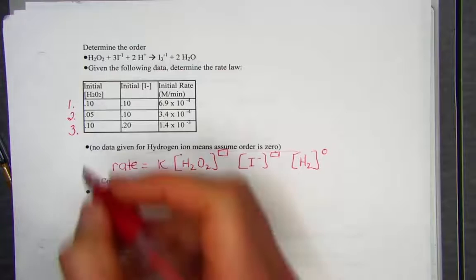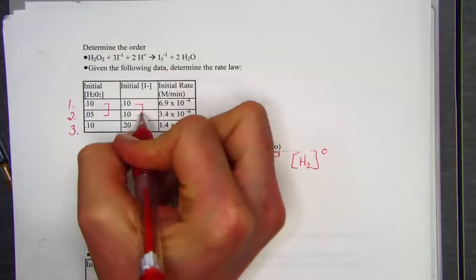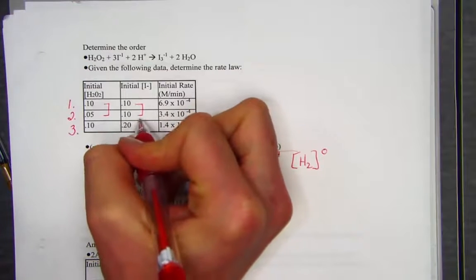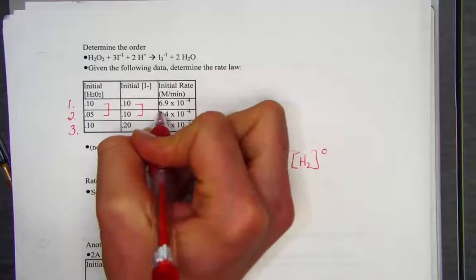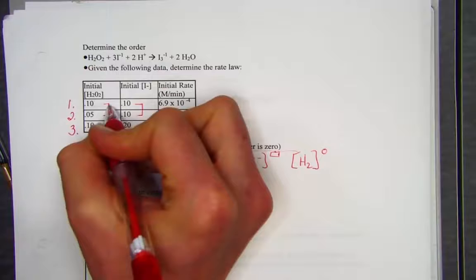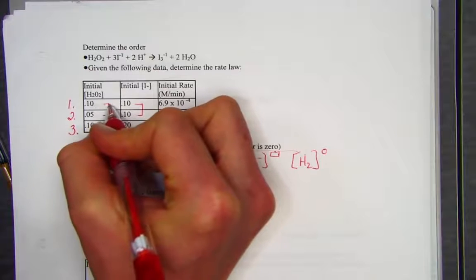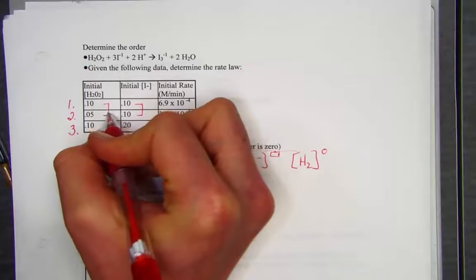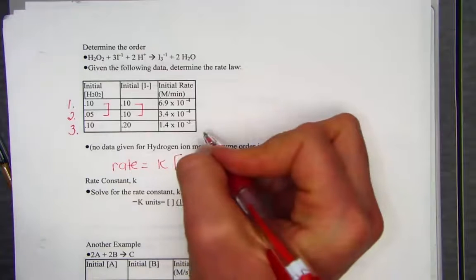In other words, if I look at trial 2 to trial 1, iodide is being held constant. It does not change. Therefore, it will not affect the rate. From trial 2 to trial 1, the only variance is the concentration of the H2O2. Therefore, it's the only reactant influencing the rate.